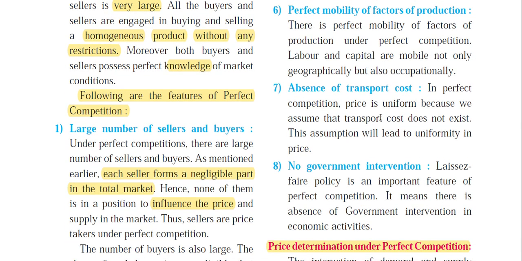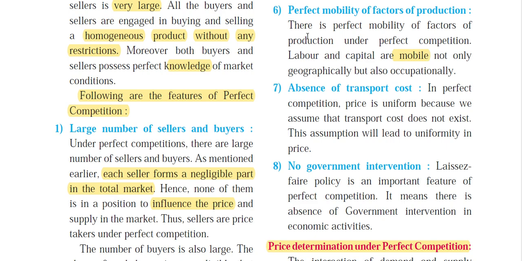Moving on to the last three points, that is, perfect mobility of factors of production. Over here, this is a very absurd assumption, that all the factors of production will be mobile, like wherever you're producing the goods, that factory can be mobile. The important word is mobile, meaning it can be moved from one place to another.